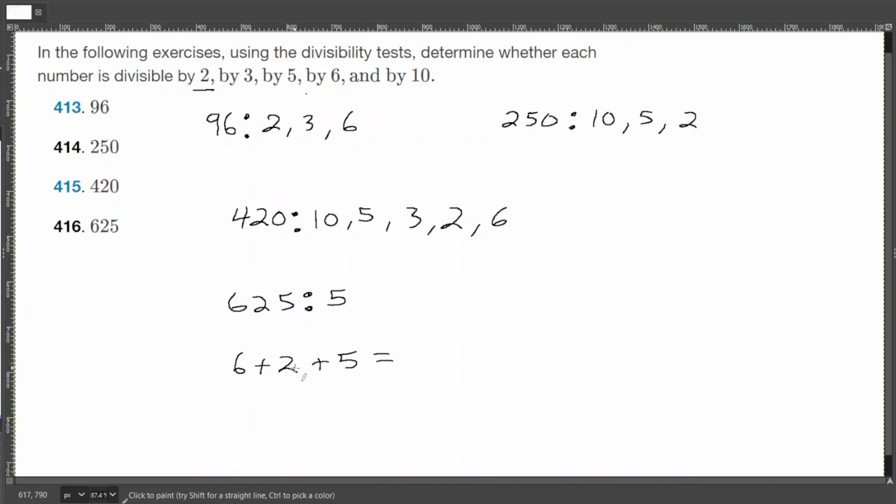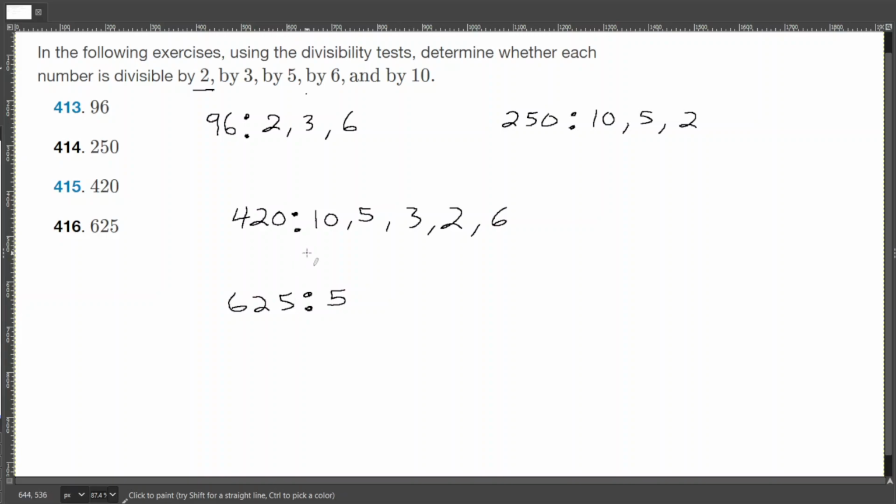So what does this equal? 8, 9, 10, 11, 12, 13. Well, 13's not a factor of 3, right? So 3, 6, 9, 12, 15. I can't ever count by 3's and get to 13, so 3 is also out of the table. Since 3 and 2 are out of the table, that's also 6. So then in this particular case, this number is only divisible by 5.